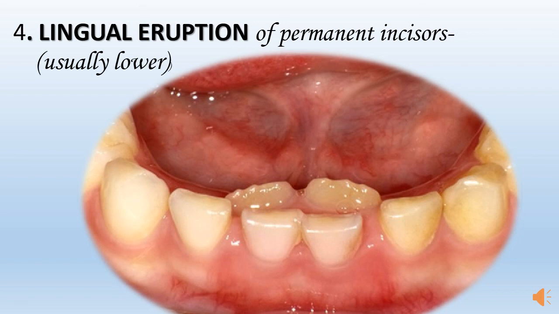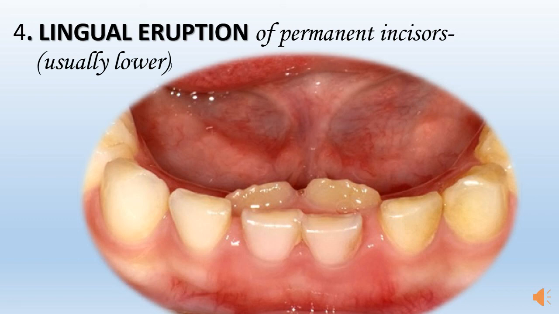And the reason for it is not known, but the most common reason that has been attributed to it is that inside the bone also, the tooth germ of the permanent tooth is placed lingually. That means at the tongue side, and that is why it erupts on that side itself.